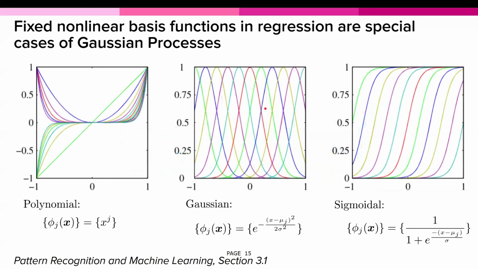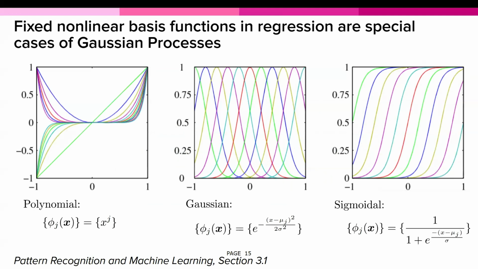What's really interesting is that you can think of linear regression with fixed basis functions as a special case of a Gaussian process. This happens when the kernel function, k of x and x prime, is defined in terms of a set of finite basis functions. In this scenario, the Gaussian process and linear regression are actually two sides of the same coin.